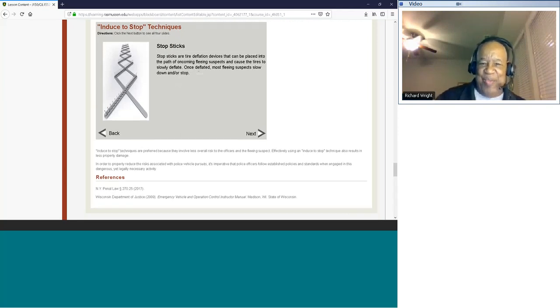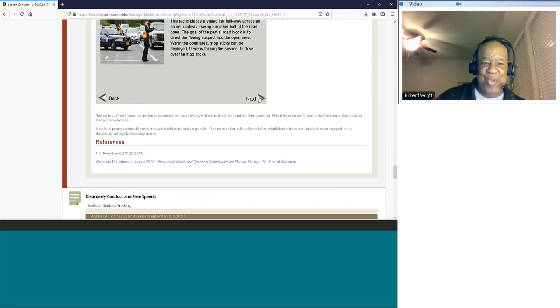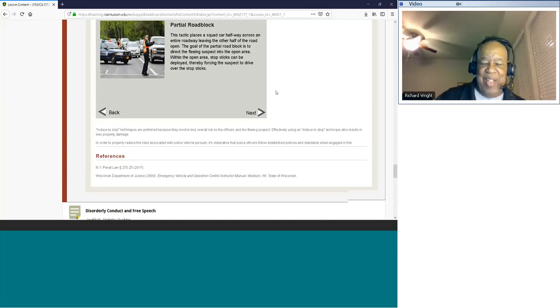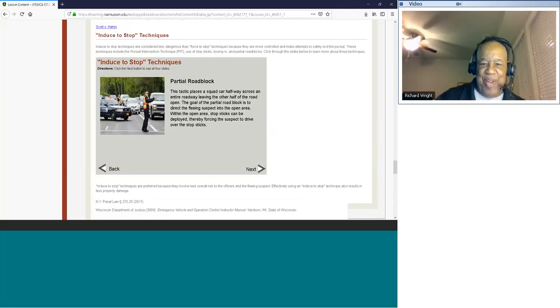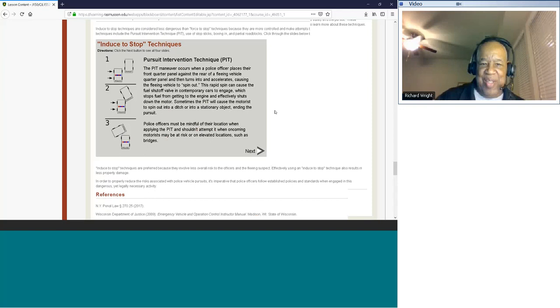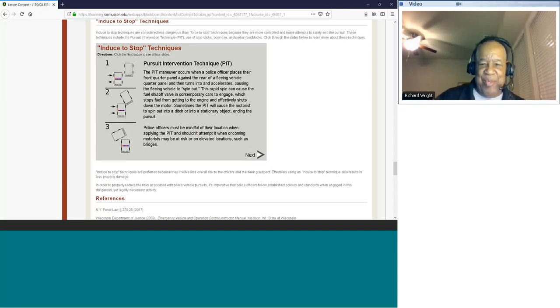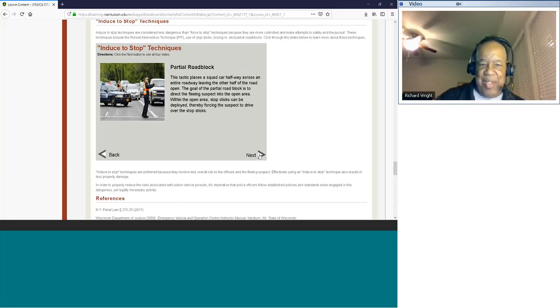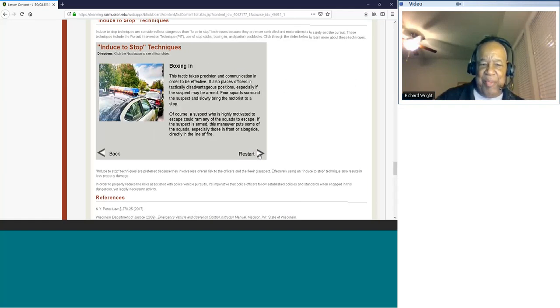Once deflated, most fleeing suspects have to slow down. So they use things like this. Partial roadblocks are another thing, and I've been involved in some of those. And then the pursuit intervention techniques that I just talked about, and stop sticks. Okay. So those are just some. All right.